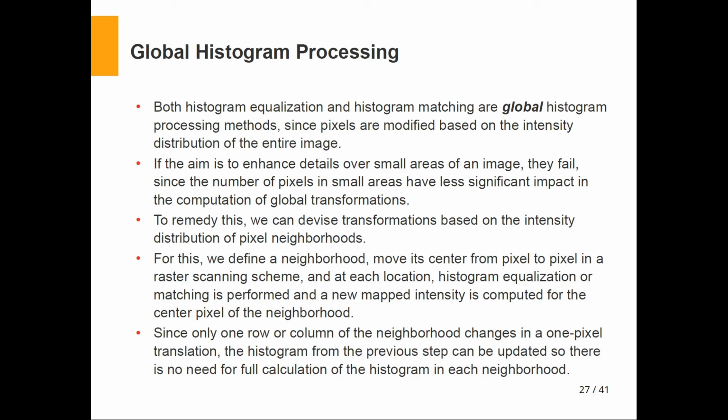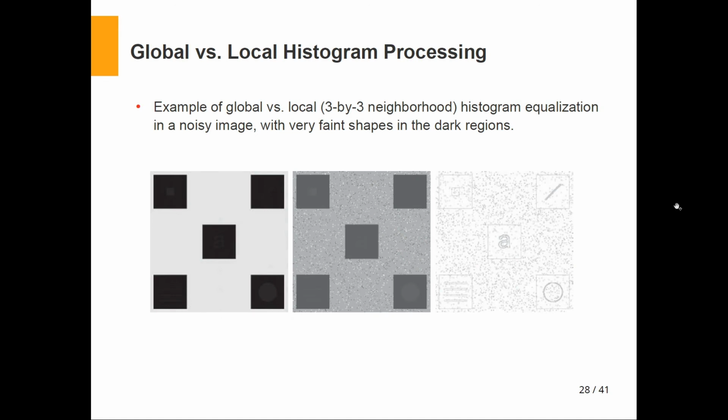What you can do is that you basically just update the previous histogram, so you are working with an updated histogram based on the calculation that is done for the histogram in the previous step. So let's just see an example of how this thing might work.